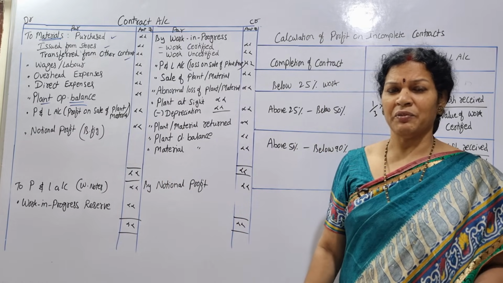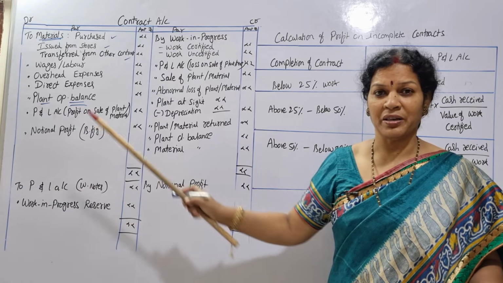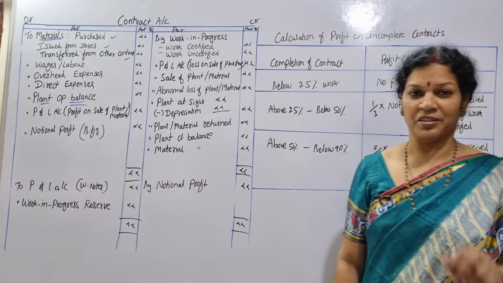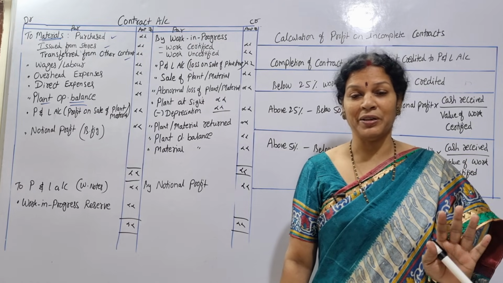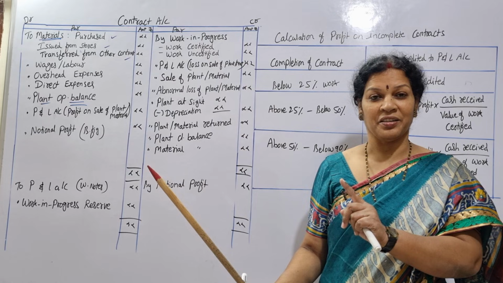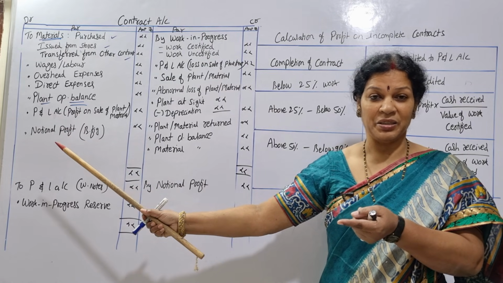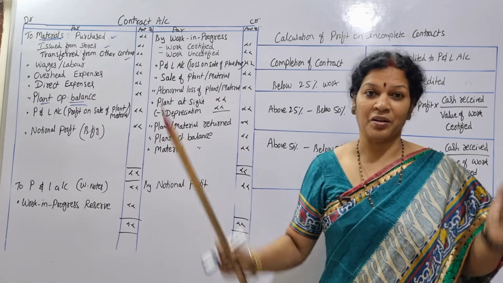You may have a doubt: madam, you said expenses go on the debit side, this is profit, so why are we writing it on the debit side? I'll tell you the reason. In the general profit and loss account, where do you write profit? Credit side, right? Now here it comes on the debit side because we are transferring it to the profit and loss account.